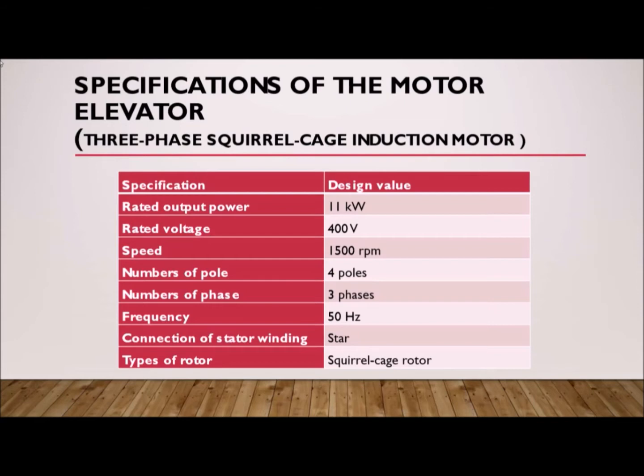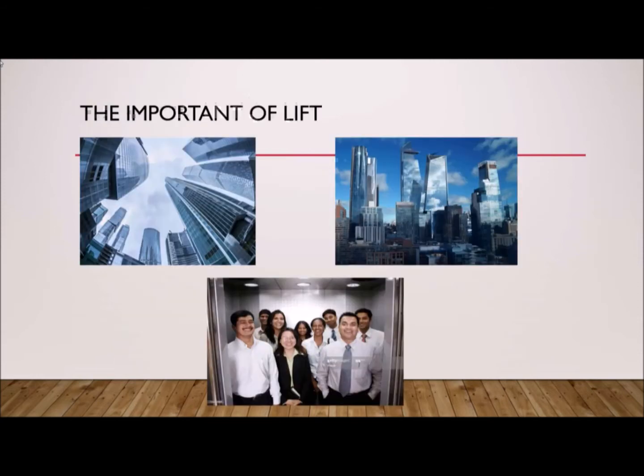Speed 1500 RPM. Number of poles, 4 poles. Number of phases, 3 phase. Frequency 50 Hz. Connection, star. Type of rotor, squirrel cage rotor.